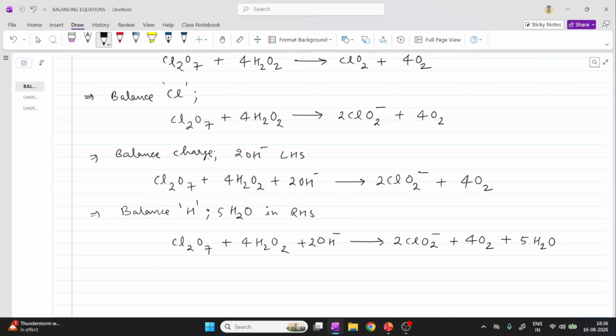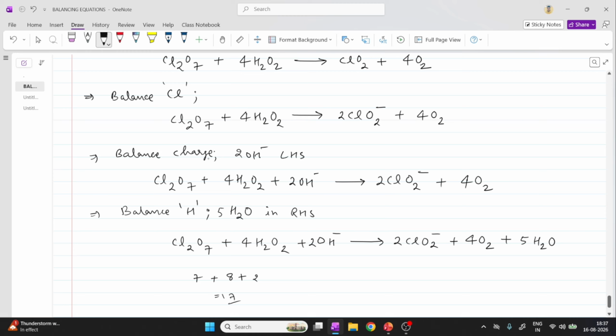So I have Cl2O7, 4H2O2, 2OH minus, 2ClO2 minus, 4O2. Fine, so just calculate oxygen. This is 7 O, so 7 plus 2 fours are 8, and this is 2, so 8 plus 2, total 17.